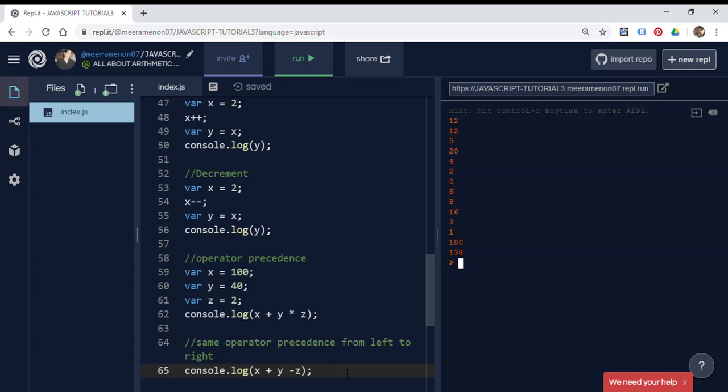Why? Because in that scenario, whatever happens in the left, it just continues in that order from left to right. So here it's 100, next is 40, so 100 plus 40, 140, minus z, which is 2. So 140 minus 2, 138.